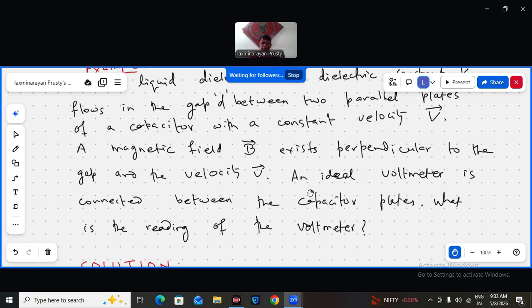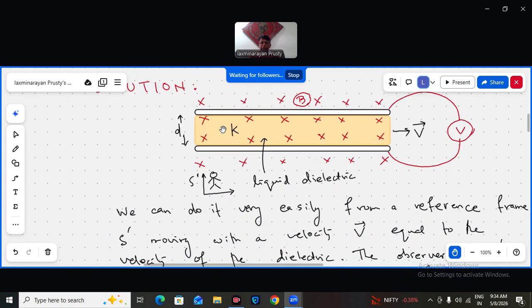This is the gap, perpendicular to the gap as well as perpendicular to the velocity. That magnetic field is the cross marks pointing into the plane.